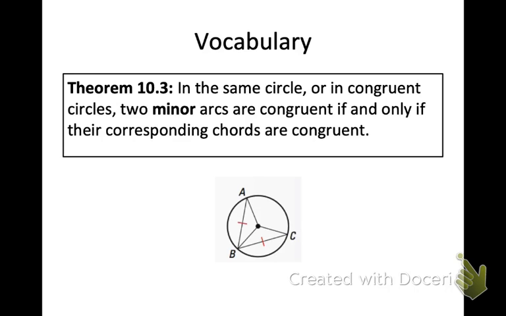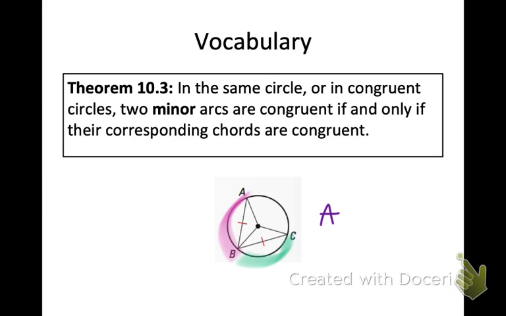So if your chords are congruent, what this theorem tells me is that the arcs created from them, your minor arcs, that arc is going to be congruent to that arc down there.